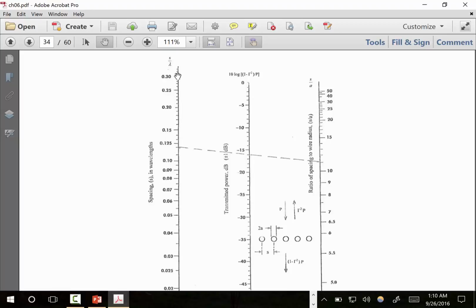Here you see on the separation, the spacing, we have marked that at 0.12 lambda, and here on the 10 log of 1 minus gamma squared scale, we've gone to minus 16.02 dB, and we've drawn a straight line, and if we extend that all the way over here to the third line, we see that we get a ratio for S over A. It looks like essentially exactly 11. And so that's the value that we will use.